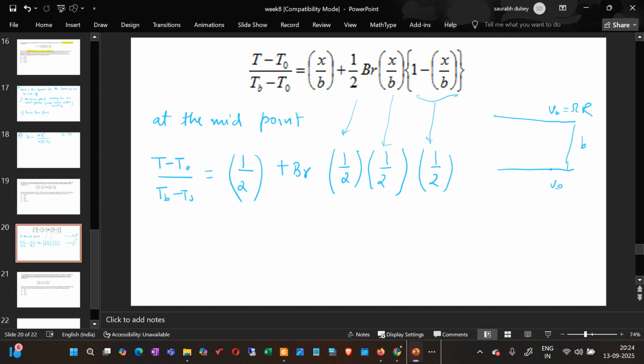Okay, so this will give you T equals to what? 30 plus 50 minus 50 is given. 50, this is 30.